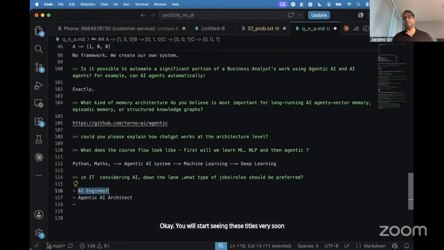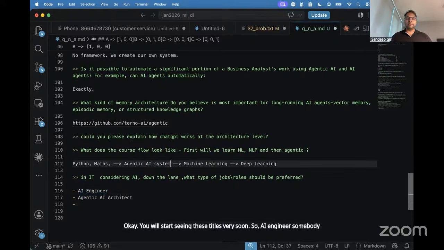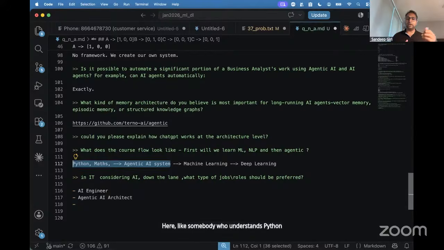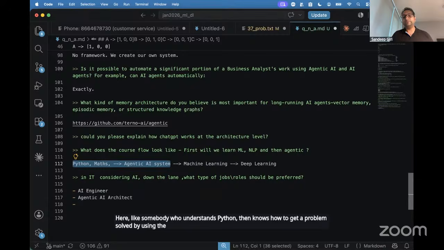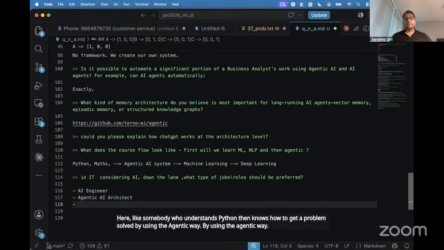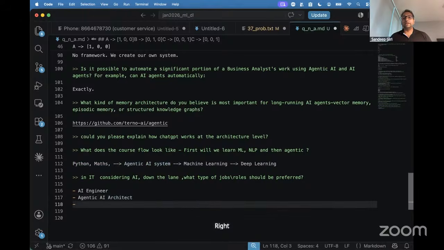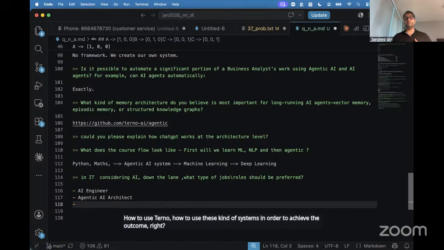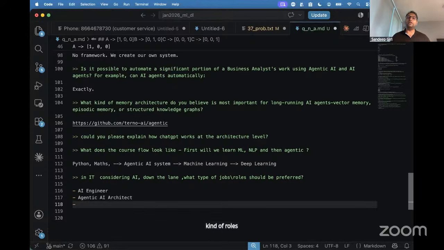So an AI engineer is somebody who understands Python, then knows how to get a problem solved by using the agentic way. And of course you should know how to use Claude Code, how to use Turno, how to use these kinds of systems in order to achieve the outcome, right? So there will be these new kinds of roles or jobs that would come into the market and they will dominate the industry.